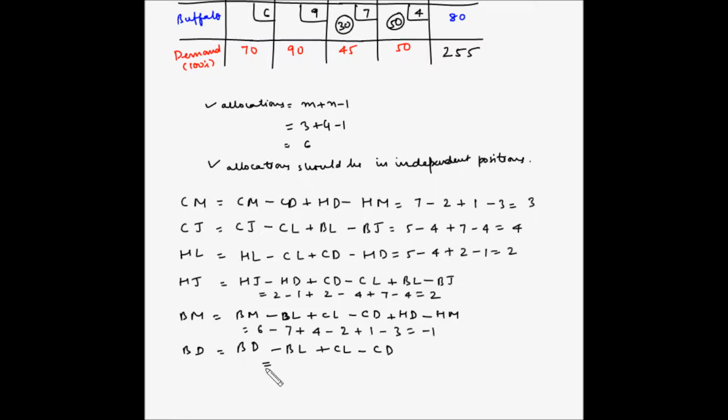And the last one is Bd. So Bd is 9 minus Bl 7 plus Cl 4 minus Cd is 2. 9 minus 7 is 2 plus 4 is 6 minus 2 is 4.